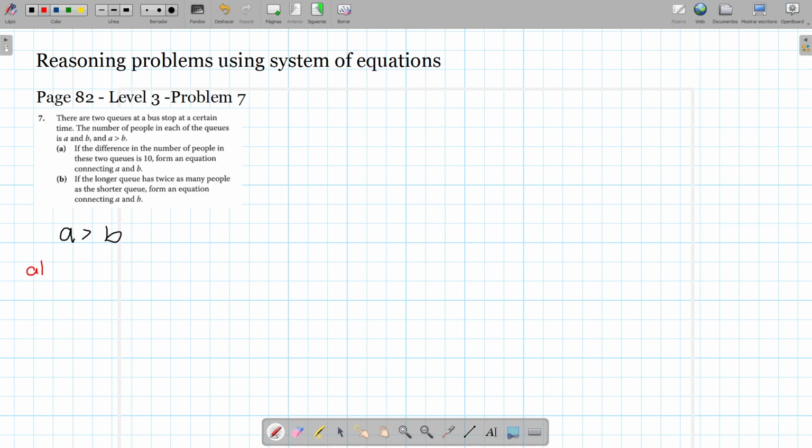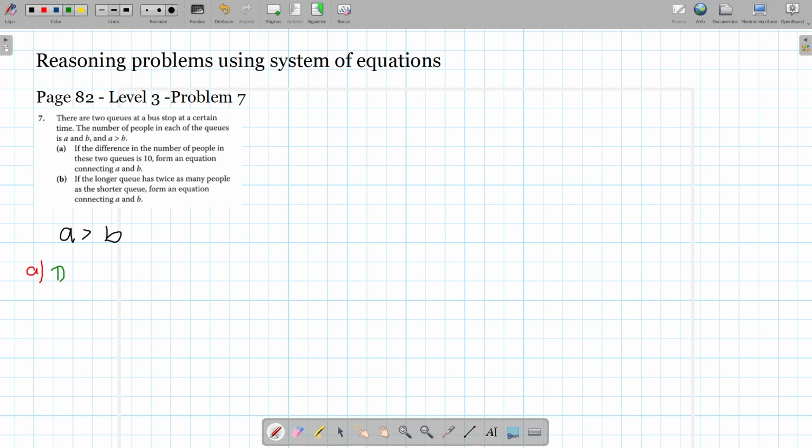Part A says, if the difference in the number of people in these two queues is 10, form an equation. We know that in order to take the difference of something, the operation that we have to use is subtraction. That's a very important word.